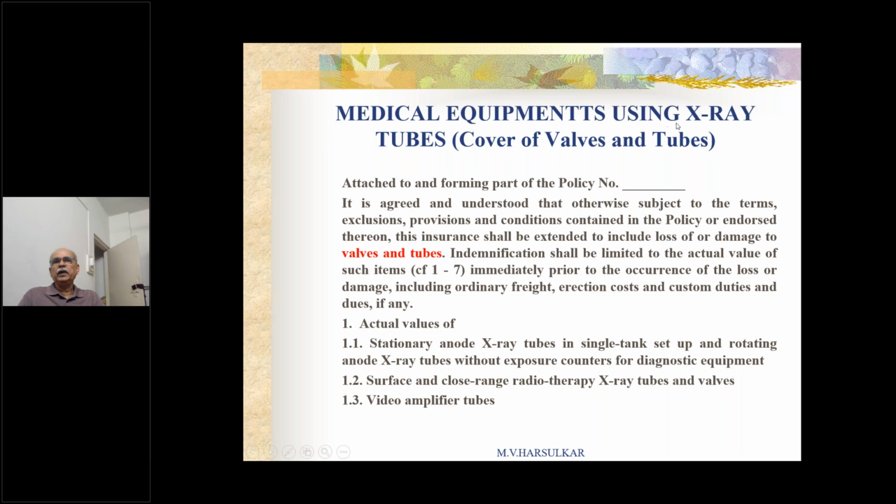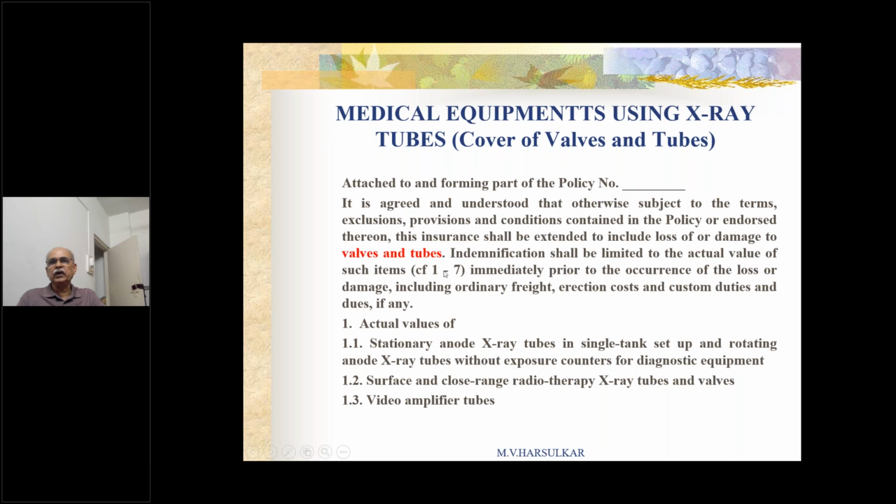So medical equipments using X-ray tubes. Valves and tubes: if you go to the electronic equipment policy also, valves and tubes are among the excluded components. So if you want to give cover up to this, there is a need to attach an endorsement. Here the cover shall be extended to include loss or damage to valves and tubes.